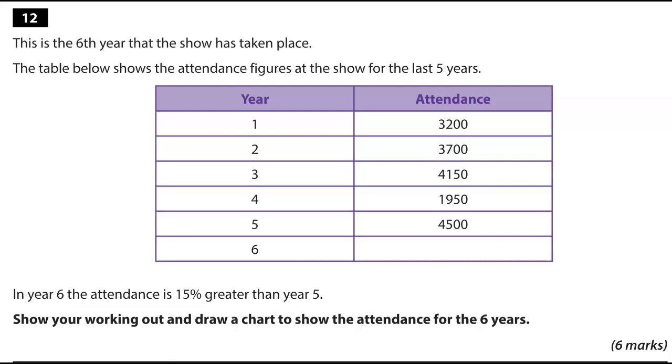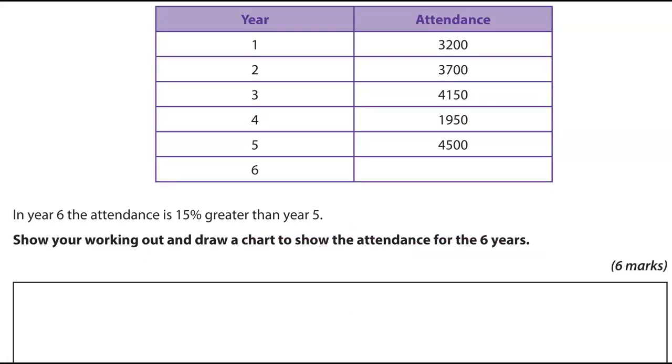So first work out attendance for the 6th year, which is 15% greater than year 5. So 15%, that is 15 out of 100 of the 5th year, which is 4,500.